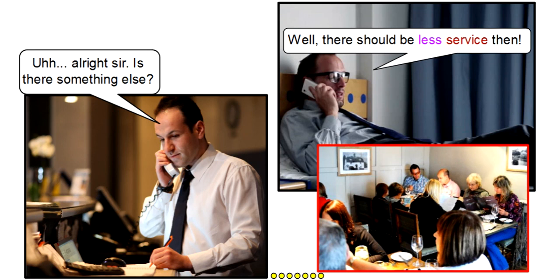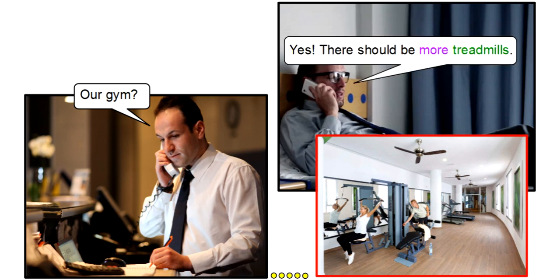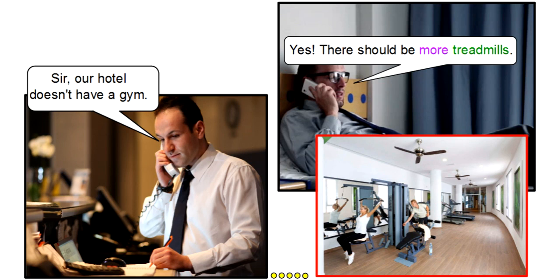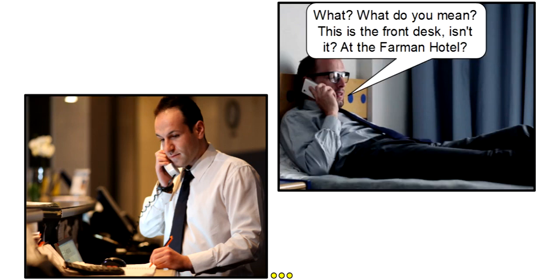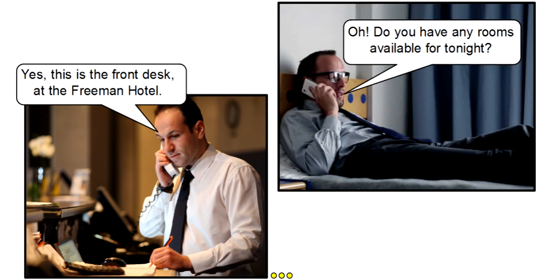All right, sir. Is there something else? Yes, your gym is terrible. There aren't enough machines. Our gym? Yes, there should be more treadmills. Sir, our hotel doesn't have a gym. What? What do you mean? This is the front desk, isn't it? At the Farman Hotel? Yes, this is the front desk at the Freeman Hotel. Oh, do you have any rooms available for tonight?